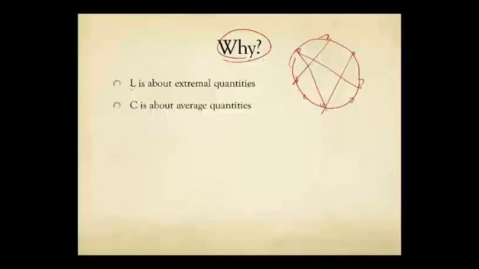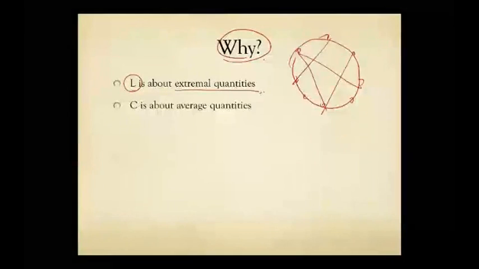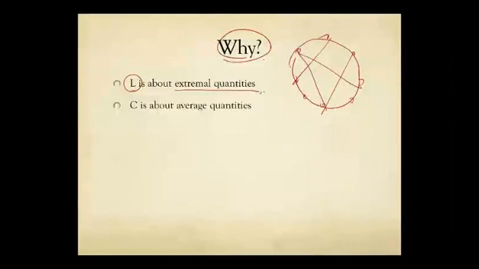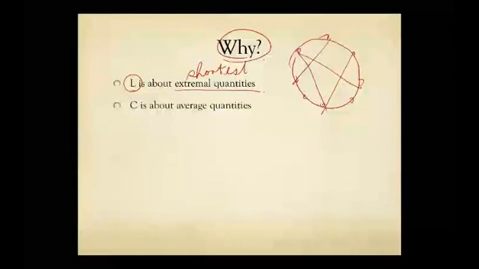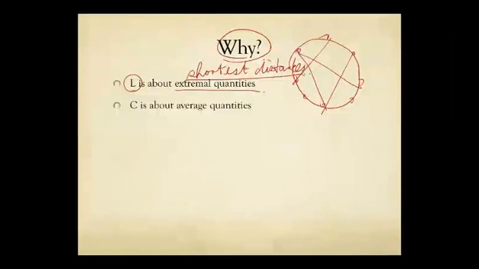Well, it turns out that's because our definition, L, as you recall, is about an extremal quantity. This is the median of the shortest distance. I am not talking about all the paths between two nodes. I'm talking about the shortest path between two nodes, and looking at the median of that quantity. In contrast, C, the clustering coefficient, is about an average quantity.